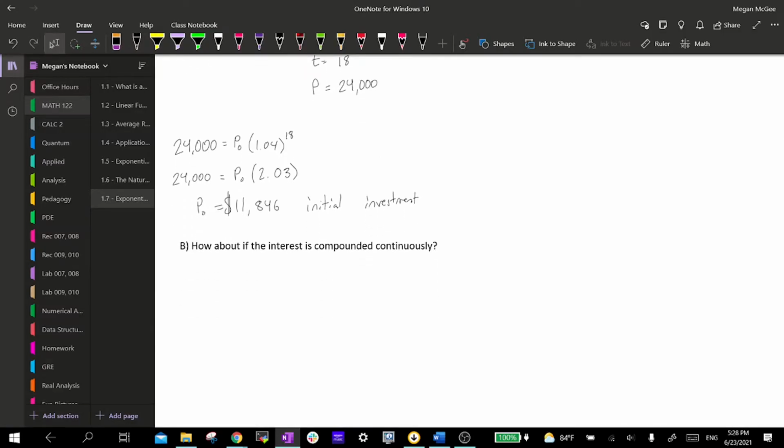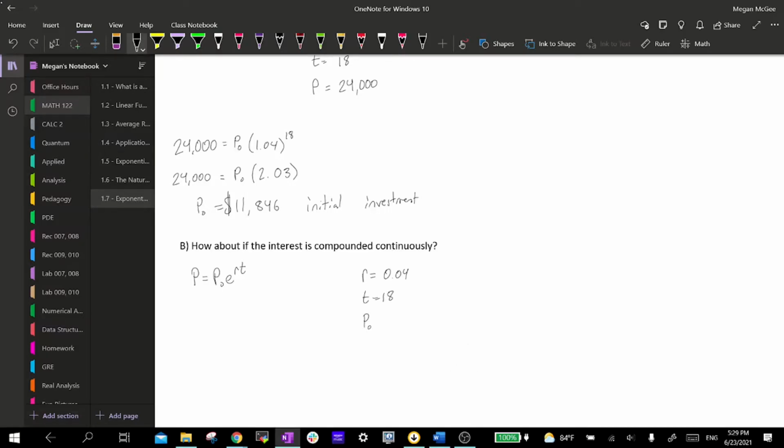Okay, so what about if they were investing their money into a bank that compounded continuously? All right, so this is our continuous version of the equations. So we have R is still the same. That's our 0.04. T is still 18 years.